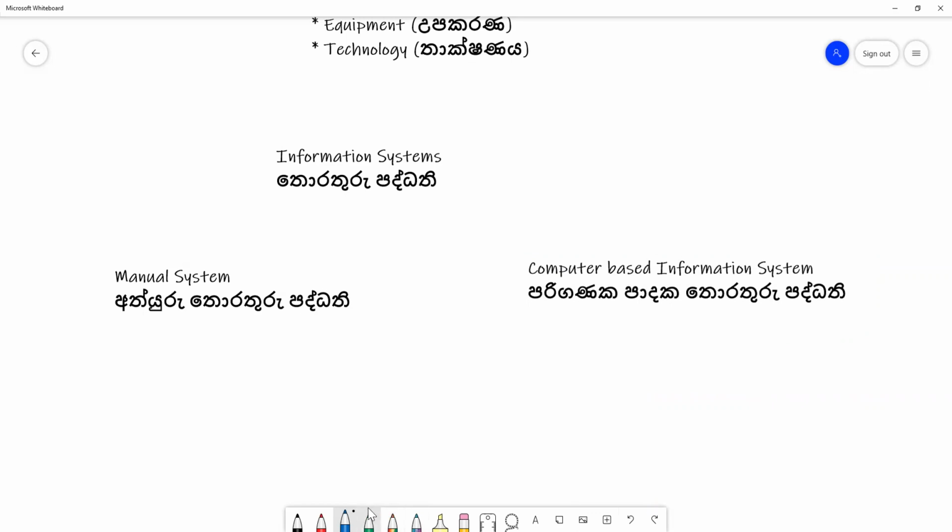So we have two things, right? We have two things. Manual system and computer-based system. What are the disadvantages of using manual system? මොනවද තියෙන අවාසිය අපි හැමදේම කරන්නේ මිනිසුන් විසින් නම් අතින් නම් සාම්ප්‍රදායික ක්‍රමයට නම් මොනවද තියෙන ගැටලු සහිතතාවය? What are the issues in manual systems?